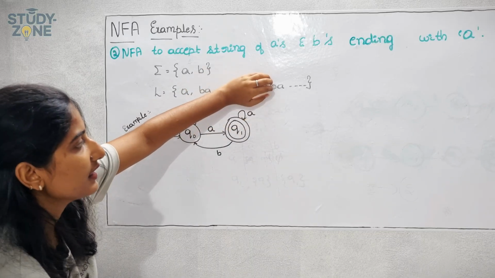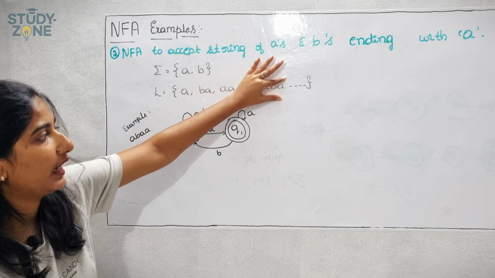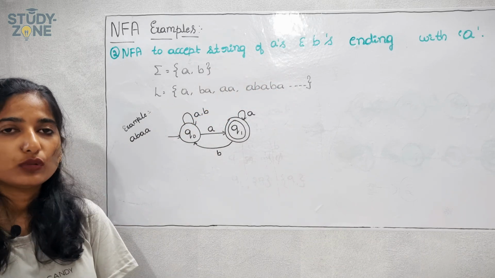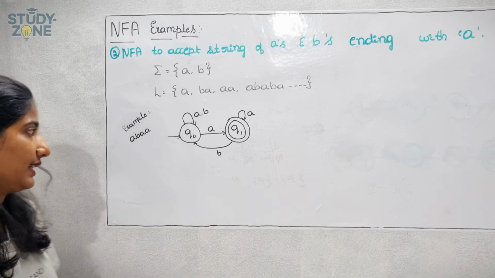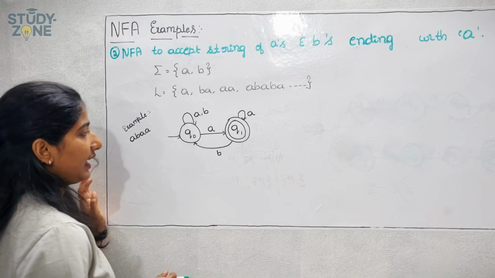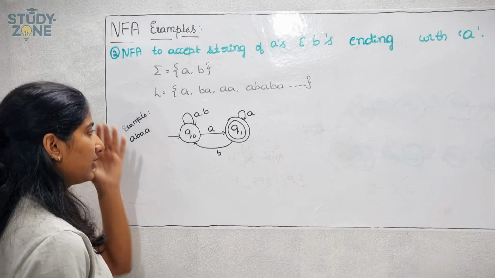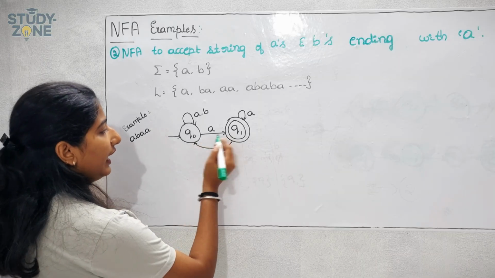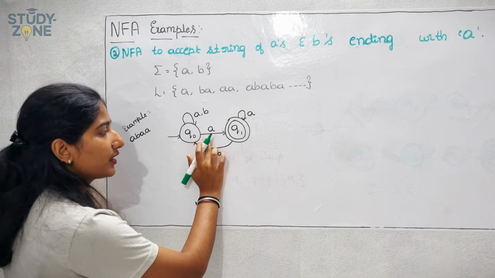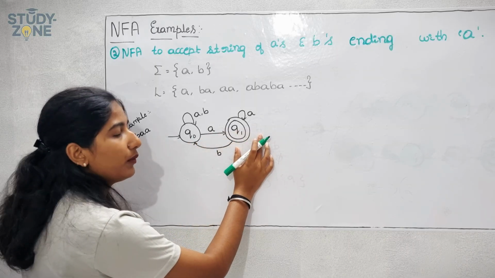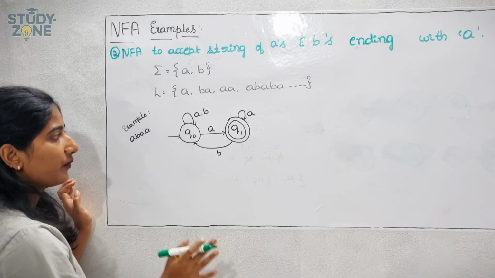Here it can be anything, but the ending should be A. We have to accept strings ending with A and we can ignore everything else. So here the transition diagram should be like Q0 on A, it should be moving to Q1, right? Because if the string is ending with A, it should be moving to the Q1 state, one thing.